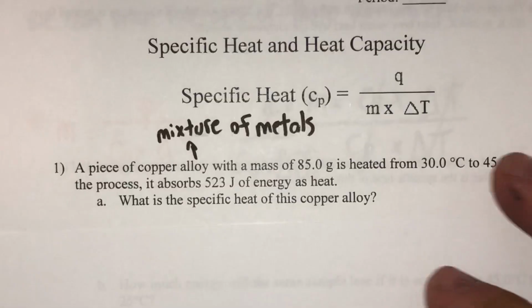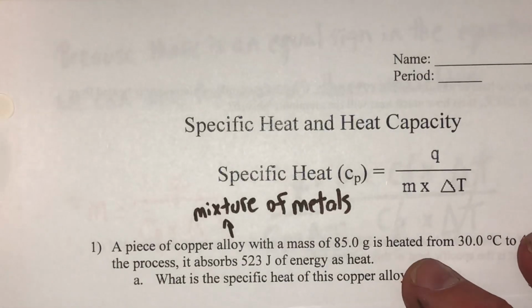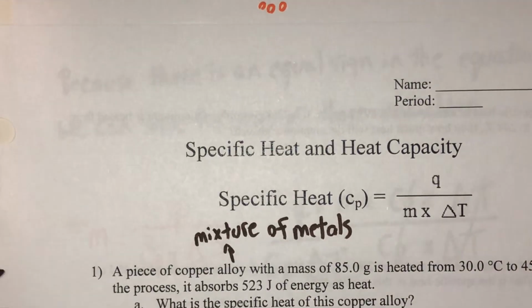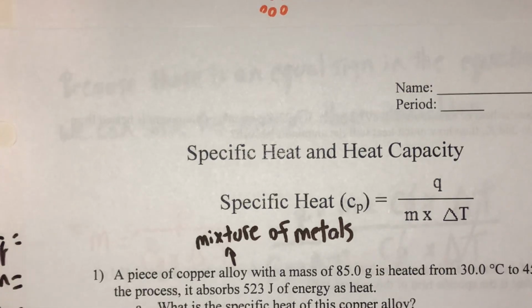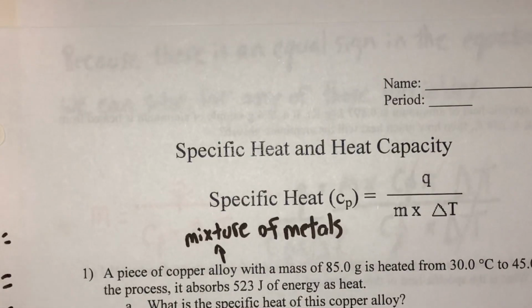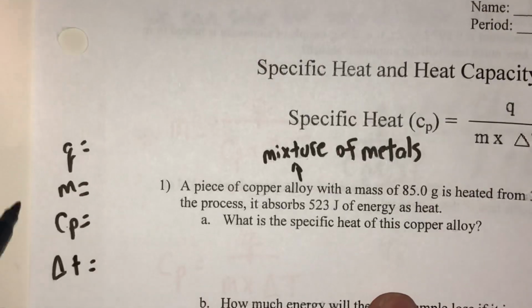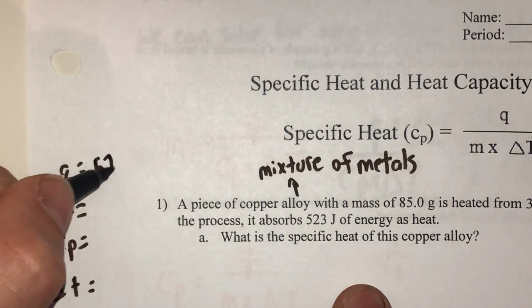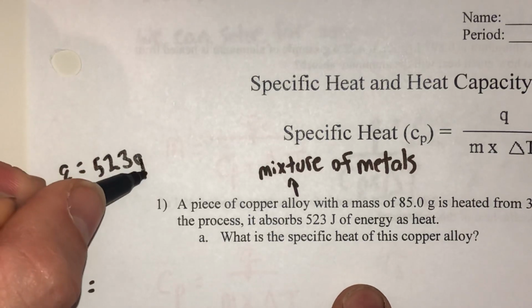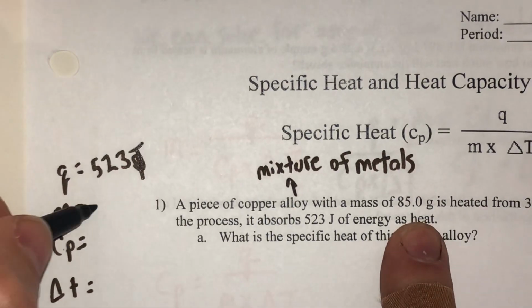We're going to approach this kind of like we did with gas law questions. We'll make a list of all the variables. I've got a Q, an M, a Cp, and a delta T. In this case, my Q is 523 joules. My mass is 85 grams.